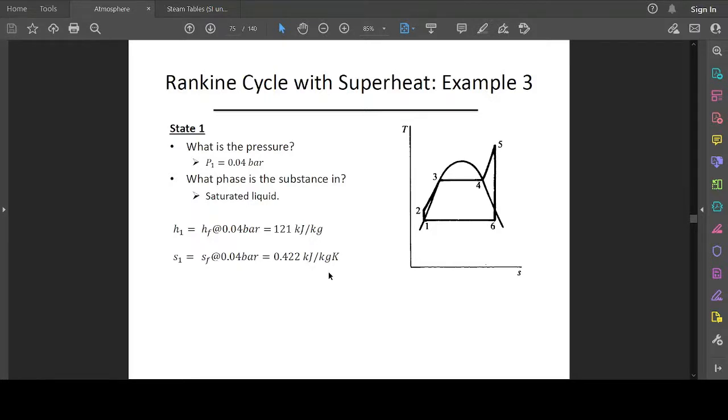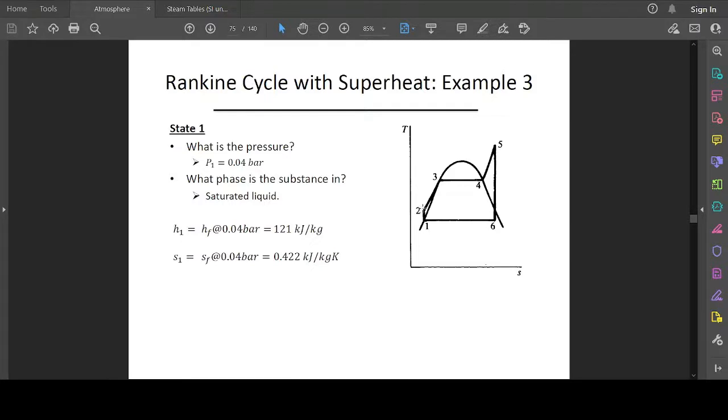Since we know the pressure at stage 1, which is 0.04 bar, and we know that there is a total condensation of the liquid vapor mixture to saturated liquid, we go to the steam table and find the corresponding values for the enthalpy and entropy when pressure is 0.04 bar for a saturated liquid, and that is given as this.